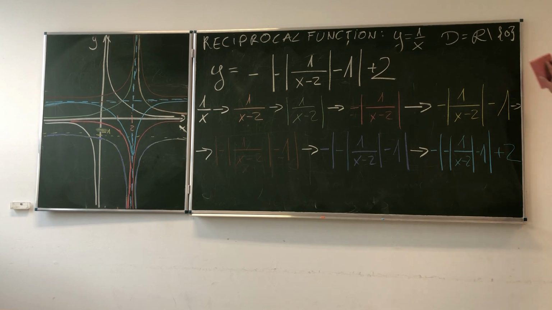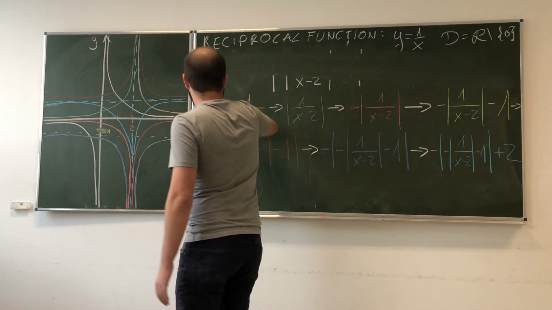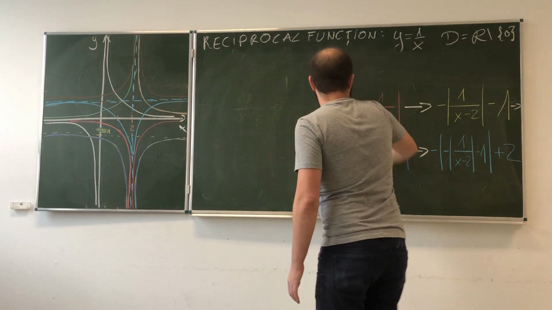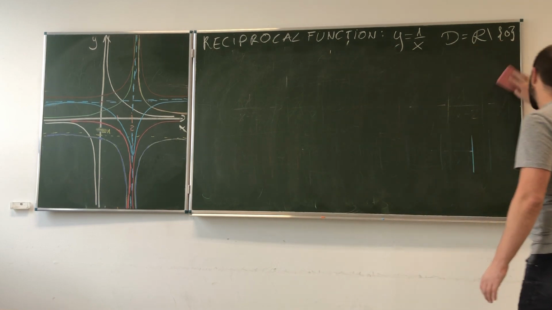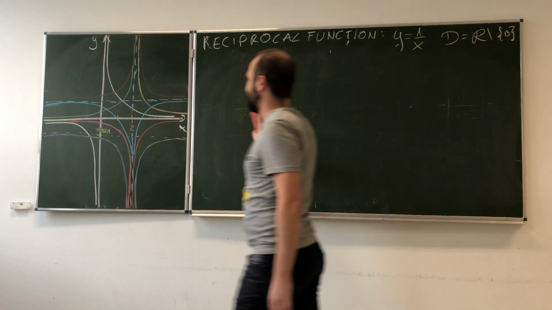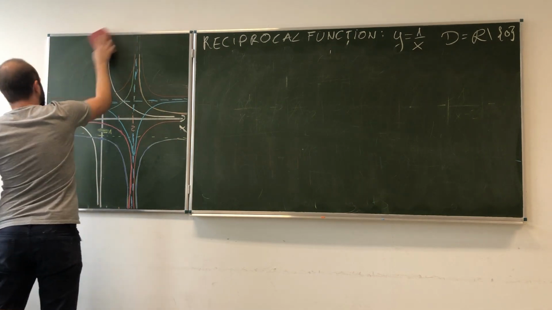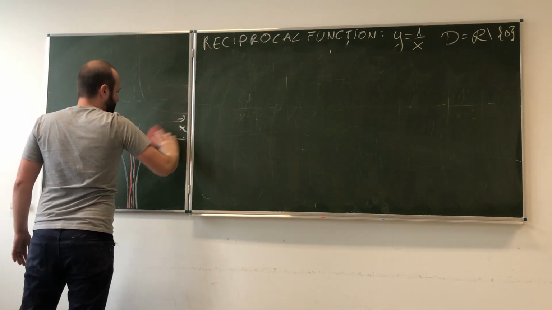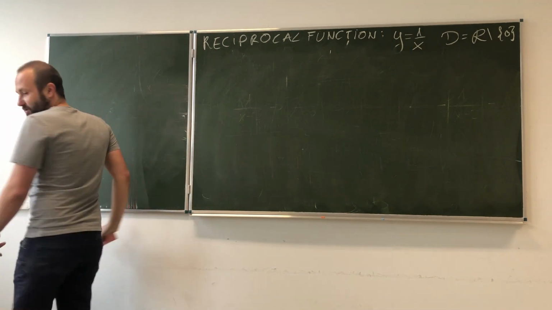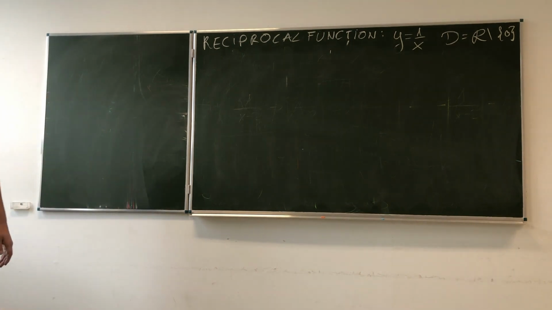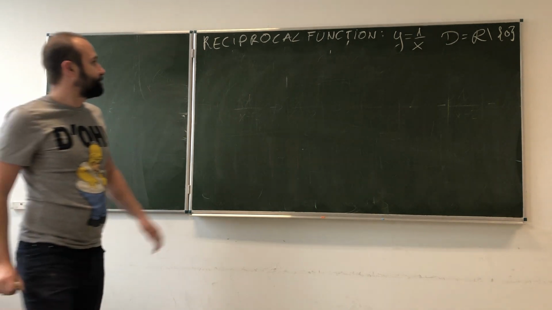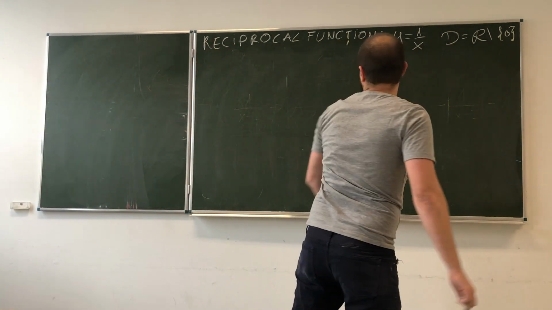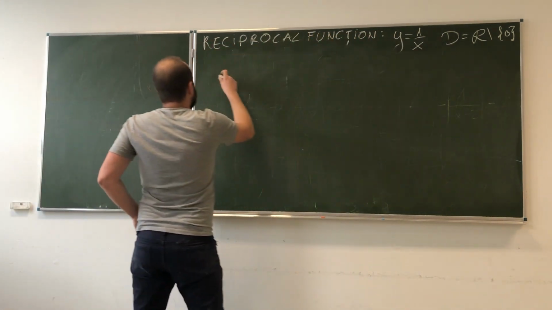Okay, so there is one more thing I wanted to show you associated with transformation of reciprocal function. This transformation will be very different to what we saw. Because now, what I'm going to do is to add square on x. But before we do it, let's go back to the table.